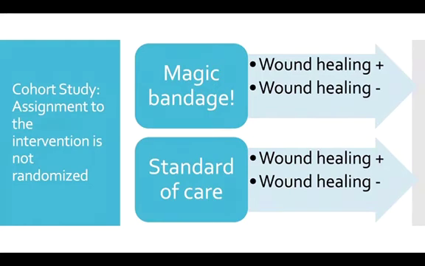So in a cohort study, the assignment to whether or not a patient might receive the intervention or a different treatment is not randomized. Imagine that a patient with a wound has decided to participate in a study of a product called Magic Bandage versus typical care.